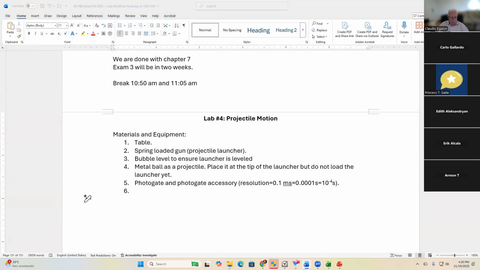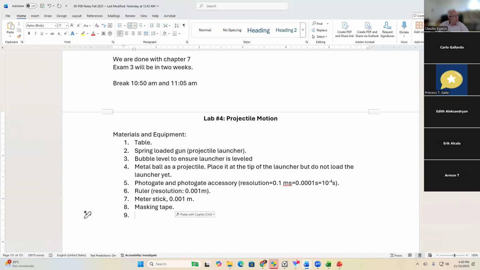You're going to use a ruler, a meter stick. Both the ruler and the meter stick have the same resolution. A masking tape. I'm going to tell you exactly what you need the masking tape for. A plumb bob. I do not know if you're familiar with plumb bobs.